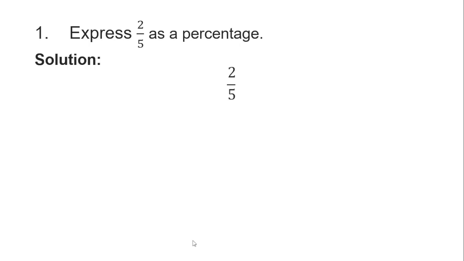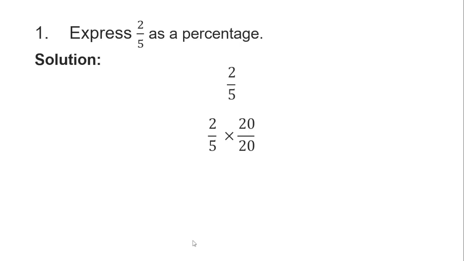What multiplies 5 to make it 100? 100 divided by 5 gives us 20, right? So you multiply by 20, and what you multiply on the lower part, you also multiply on the top part. That's what we call equivalent fractions.